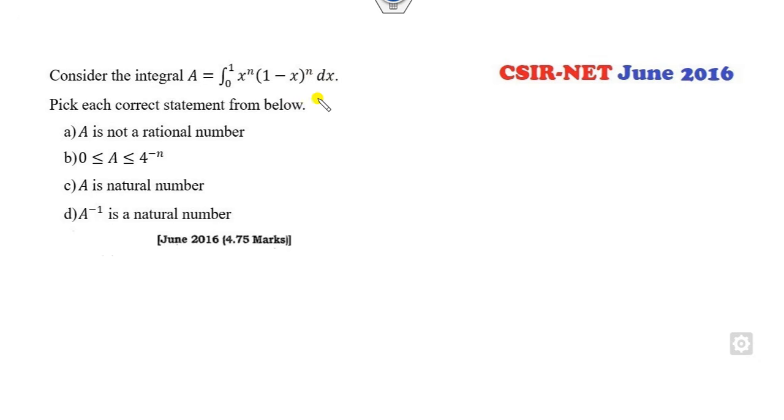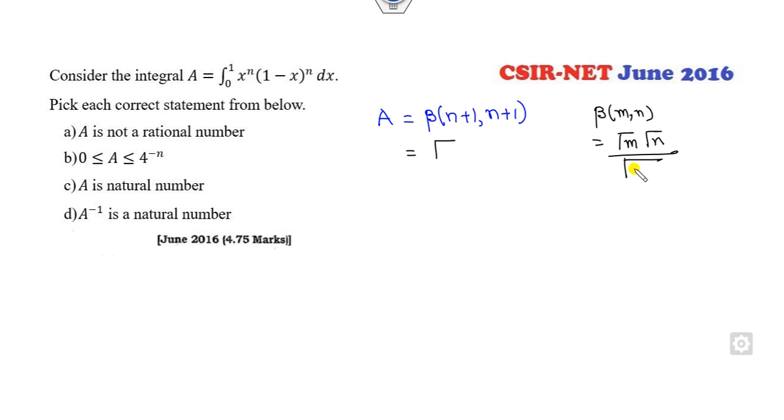Okay, look at this another one. What is a? It is nothing but the beta function of this one. Then a is not a rational number. What is the beta function of m, n, which is gamma of m, gamma of n divided by gamma of m plus n. So I can write it as n plus 1 divided by 2n plus 2. Then is a rational or not? I can choose n as 1.